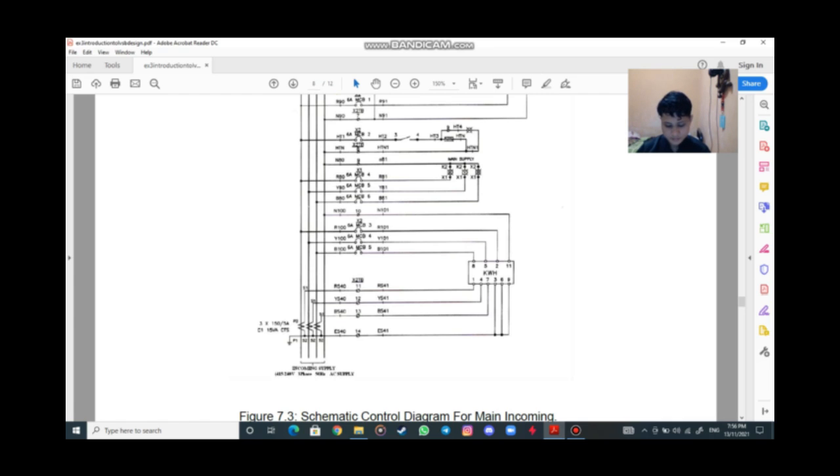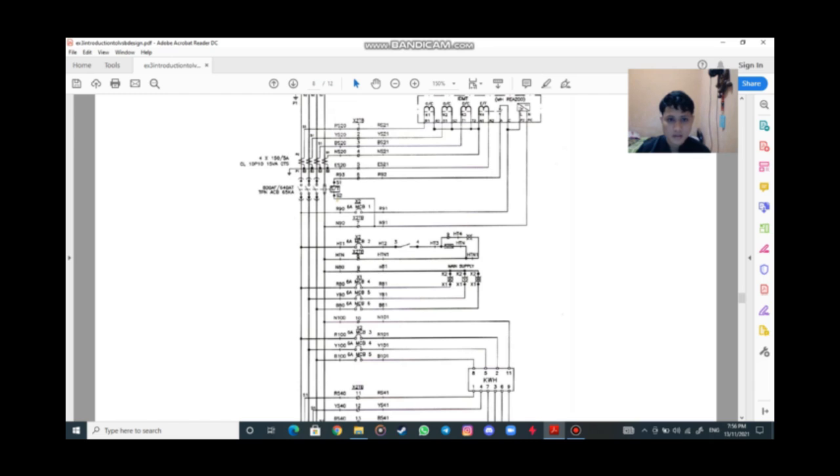Then we have the MCB module. MCB is miniature circuit breaker. This one is for wall protection. Then we have the main supply indicator. This is the main supply indicator.